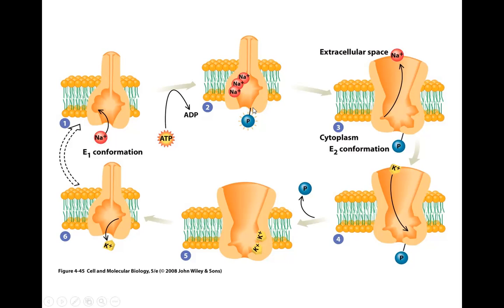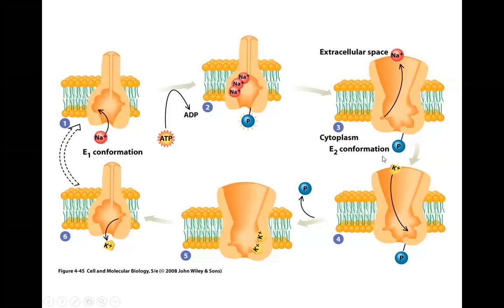As soon as this residue gets phosphorylated, this protein now moves to an E2 conformation. So the phosphorylation event is necessary to change the shape of this protein. And in this new shape, the E2 conformation, the protein has low affinity for sodium, and it releases the sodium, the 3 sodium ions that could be accommodated within the structure. These 3 sodium ions are now released.